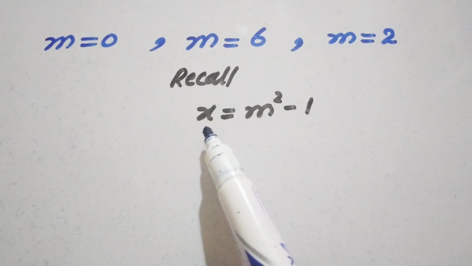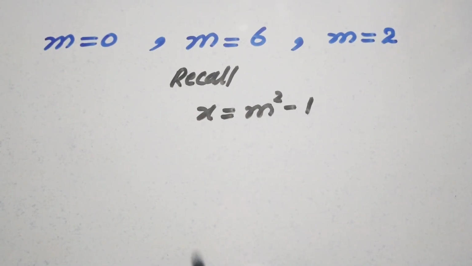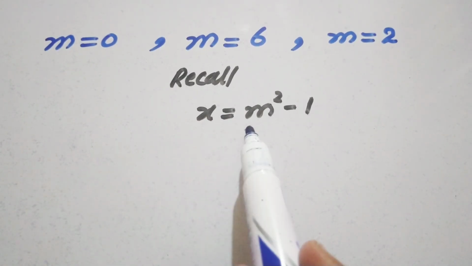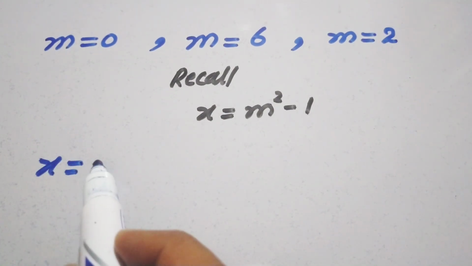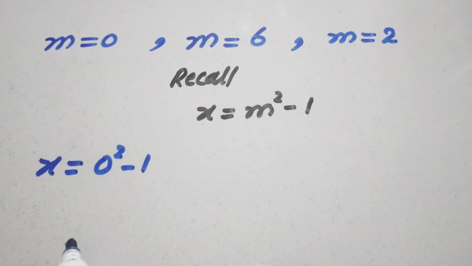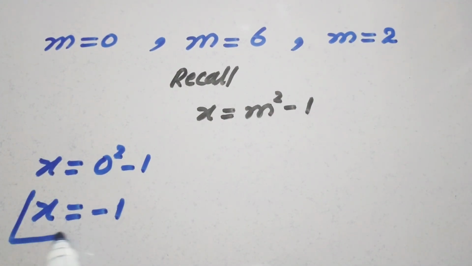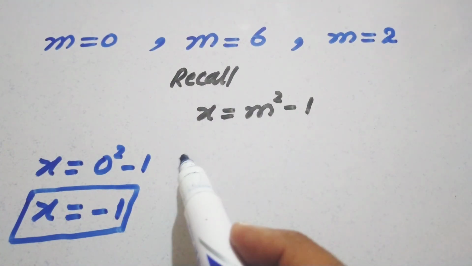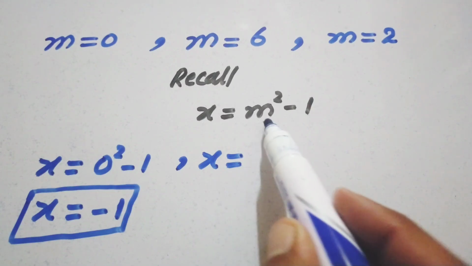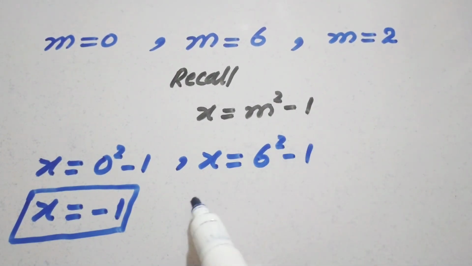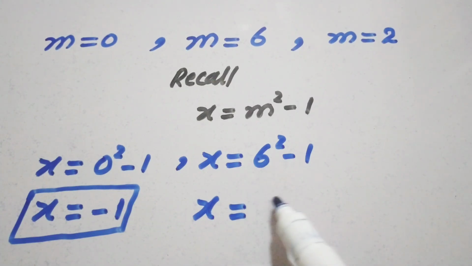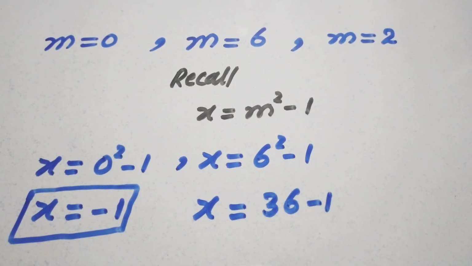This was our supposition that x is equal to m squared minus 1. So in the first case, when m is equal to 0, x is equal to 0 squared minus 1. 0 squared is equal to 0, and we get x is equal to minus 1. This is the first value of x. Now when m is equal to 6, we get x is equal to 6 squared minus 1, so x is equal to 36 minus 1.